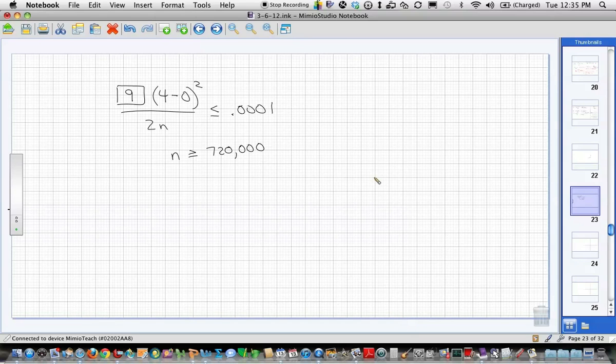How much it varies from that will determine whether these are really needed to get that accuracy or not. But we know that 720,000 of those left rectangles will guarantee the accuracy to 3 decimal places. Okay, so that's what was going on in number 30.